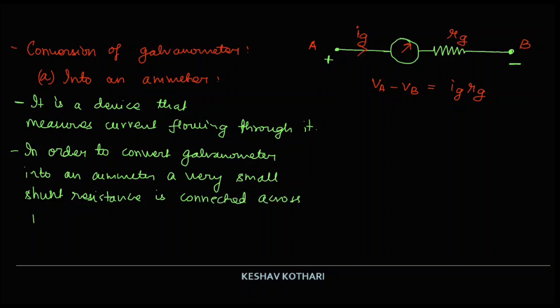When I say shunt resistance, I mean a resistance in parallel. But it must be kept in mind that the ammeter as a device is connected in series with the circuit.